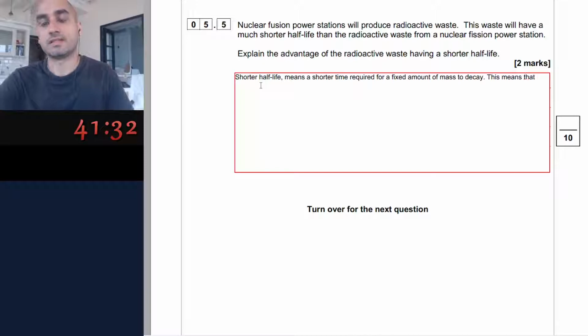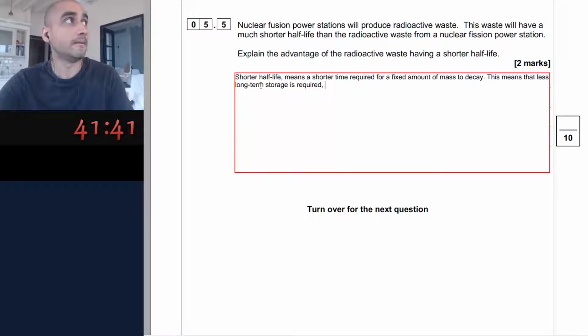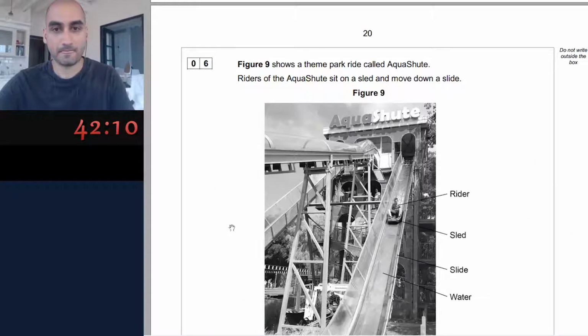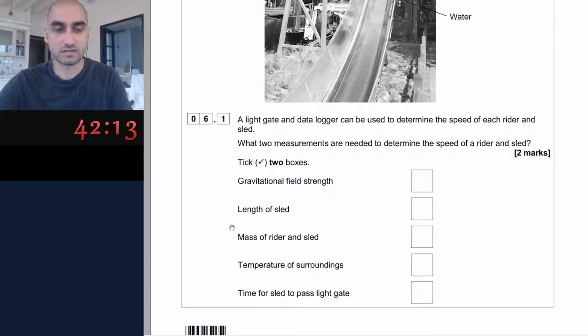This means that less long-term storage is required, and waste need be stored for a shorter time, which costs less effort and space. I don't know. Okay, thank you. No more nuclear stuff.